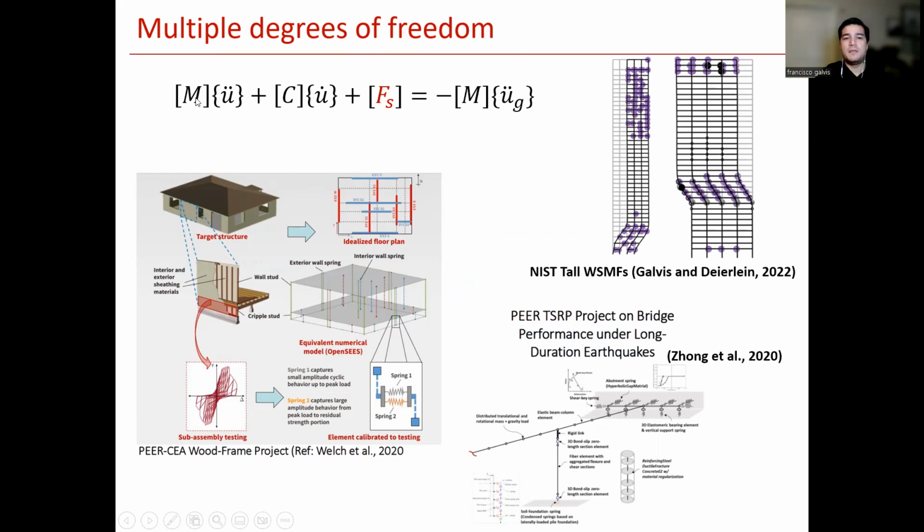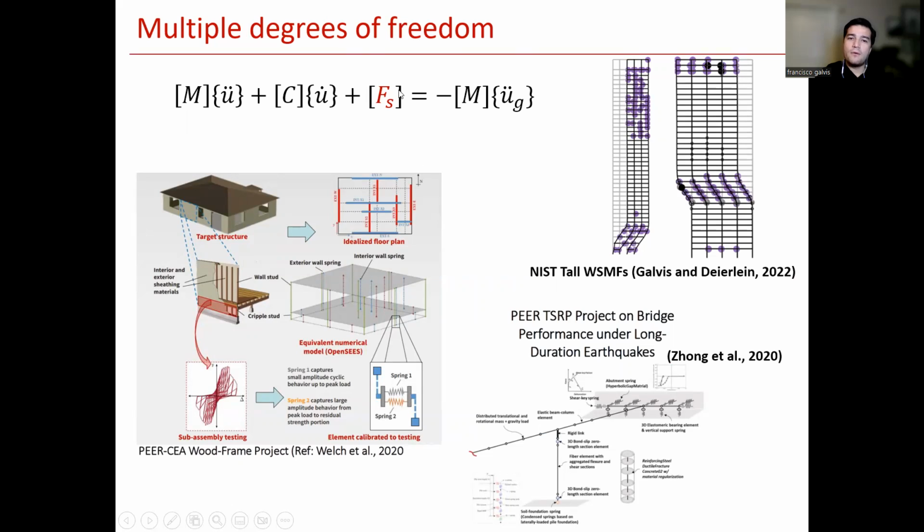So you have a mass matrix, you have a damping coefficient matrix, and then you have vectors for the acceleration of the ground, the relative acceleration, and the velocity response.